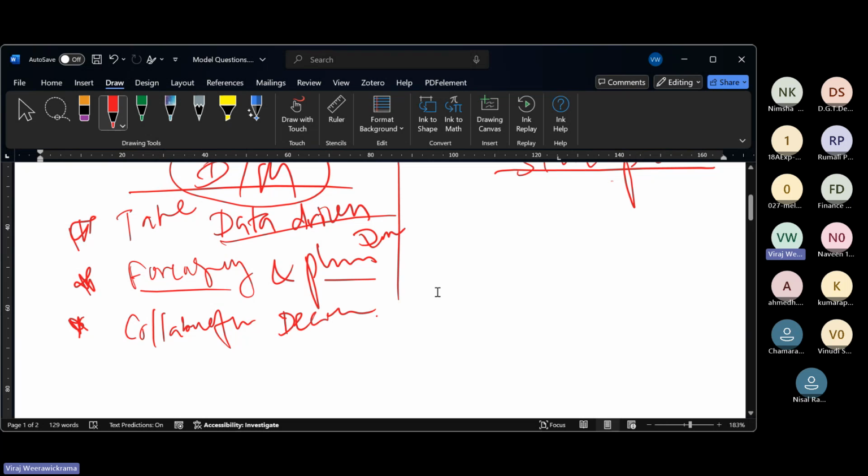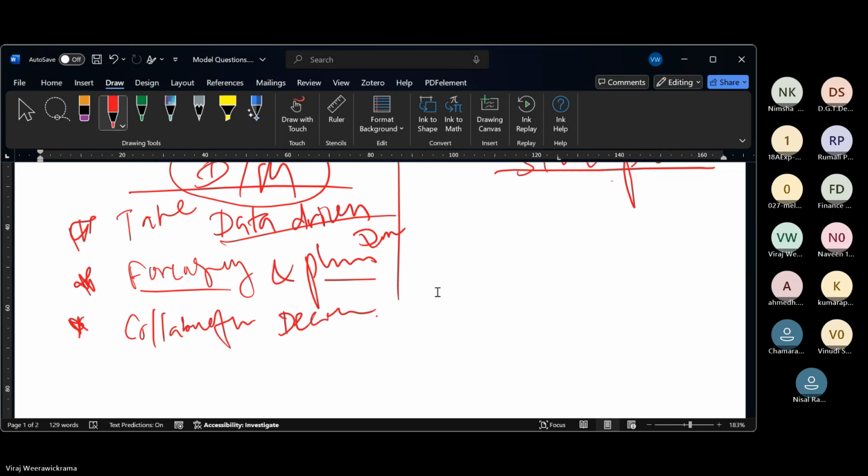Because we discussed the ERP systems, each and every module is interconnected. We have a centralized database, right? Each division can access the common data set. In real time we can update the information.